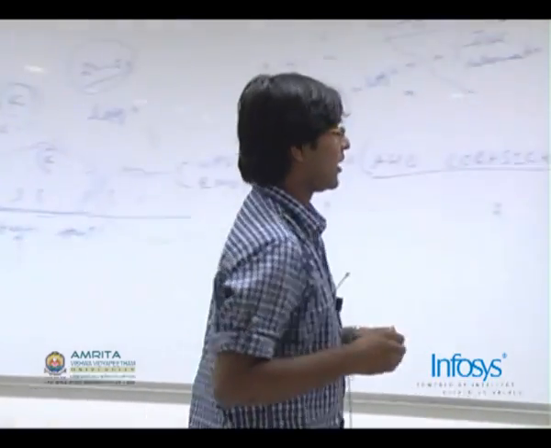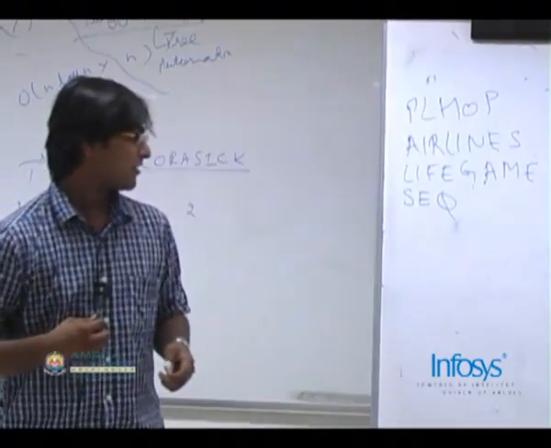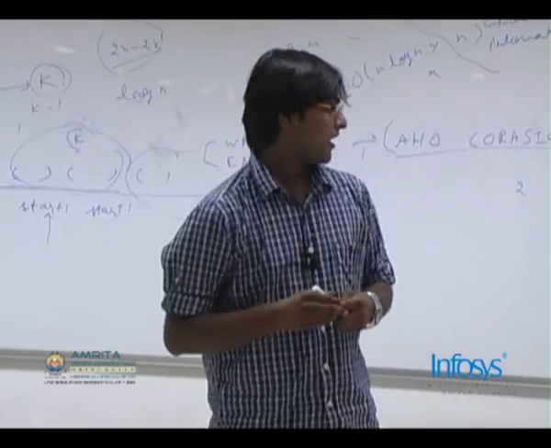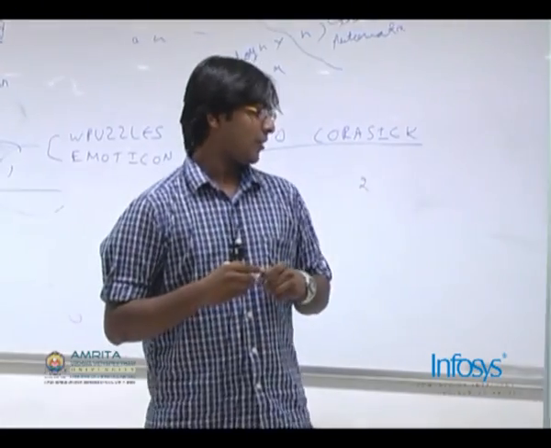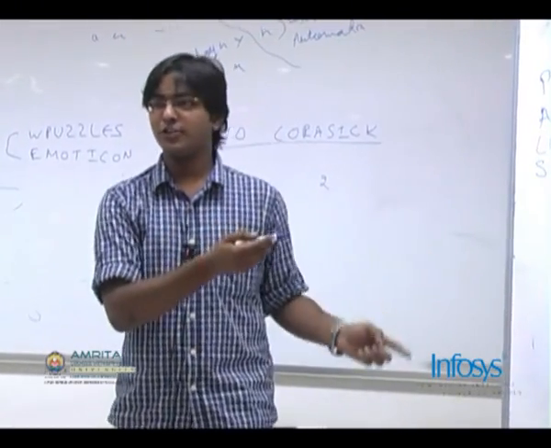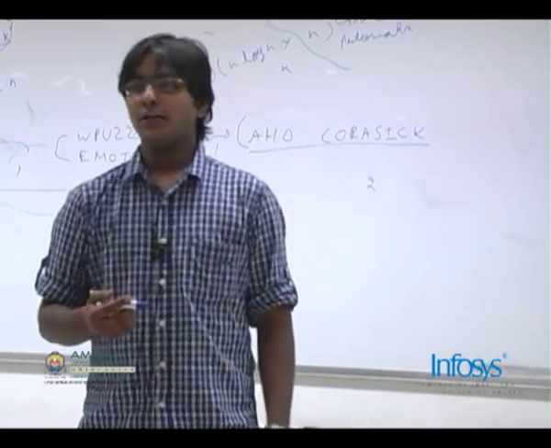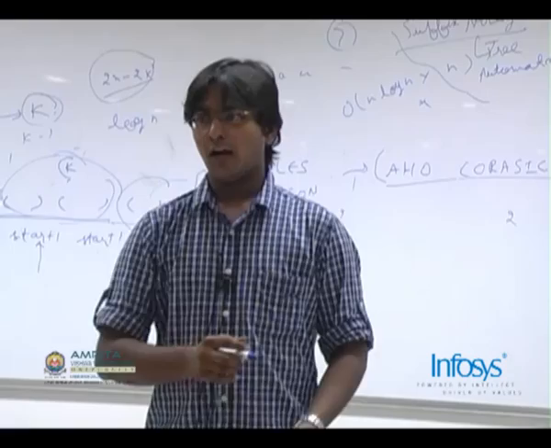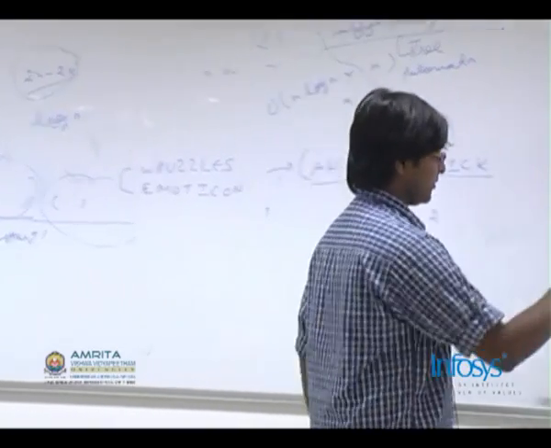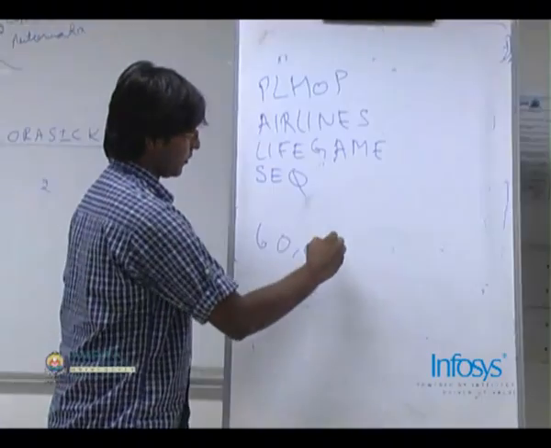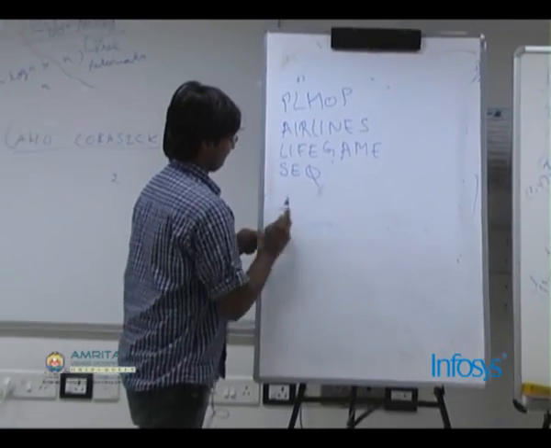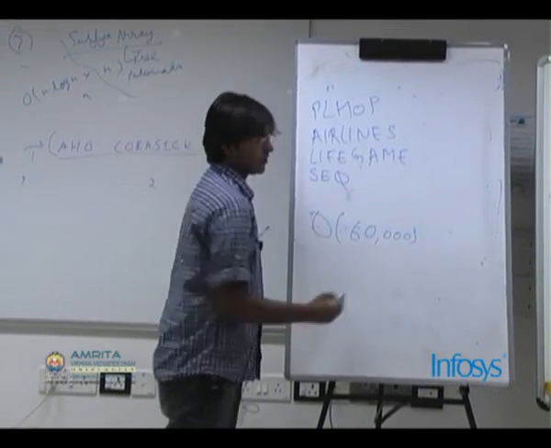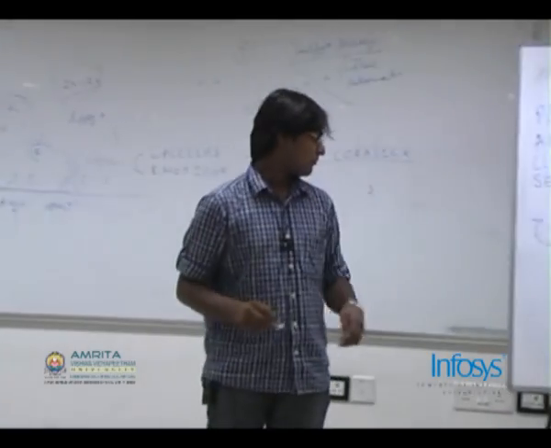Okay, we move on to the last technique, which can be useful sometimes. Suppose we are given a problem, we know the transition matrix already, and the number of test cases for the problem is very high, of the order of 60,000 or 70,000. The matrix is fairly small.